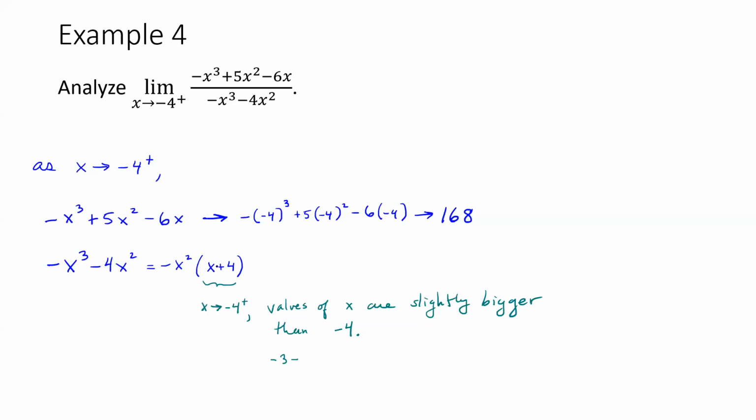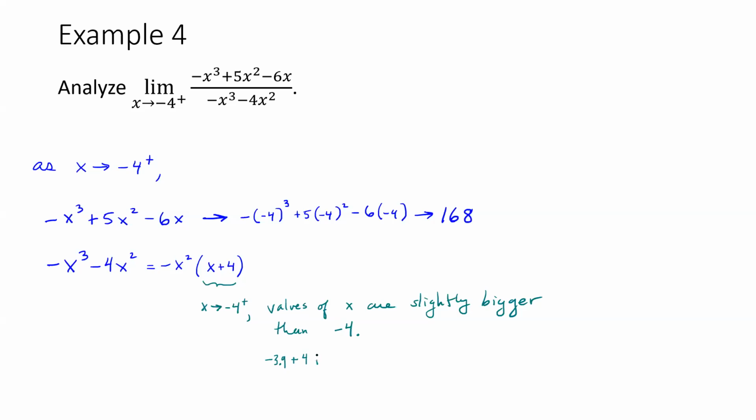Anyway, we're approaching from values of x that are slightly bigger than negative 4. So it'll be negative 3 plus 4. Or maybe it makes more sense to think about values that are getting closer to negative 4, like negative 3.9 plus 4.